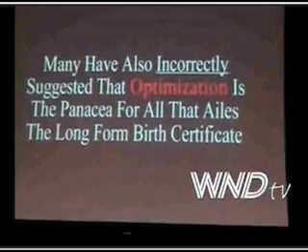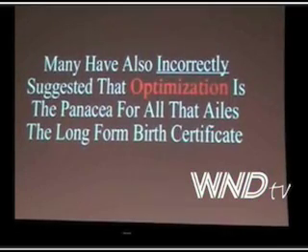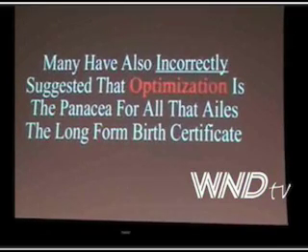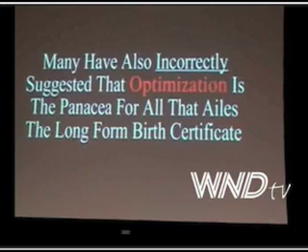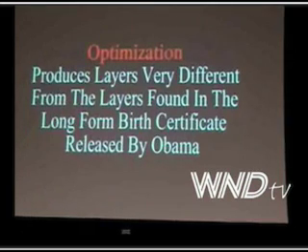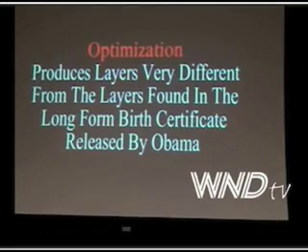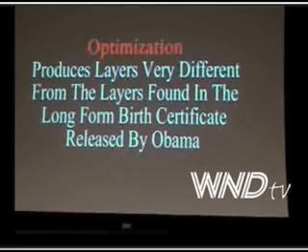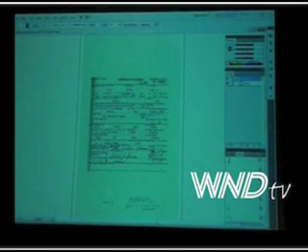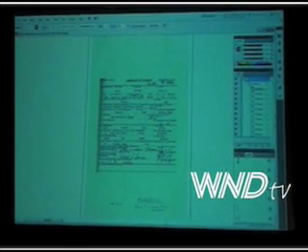Many have also incorrectly suggested that optimization is the panacea for all that ails the long-form birth certificate. But optimization produces layers very different from the layers found in the long-form birth certificate released by Obama. The document released by the White House had only 9 layers.